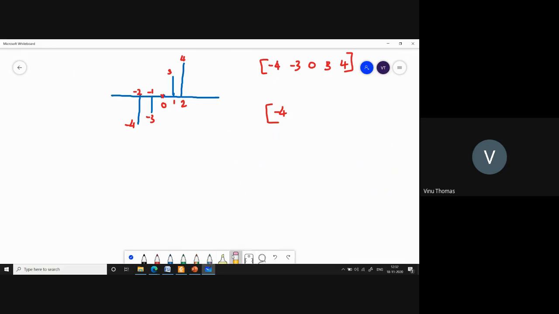So -4, -3, 0, 3, 4. This is the original sequence, and by shifting this by 3 samples to the left, we have made the point of anti-symmetry at the origin, right?